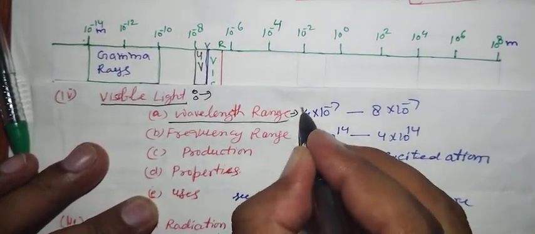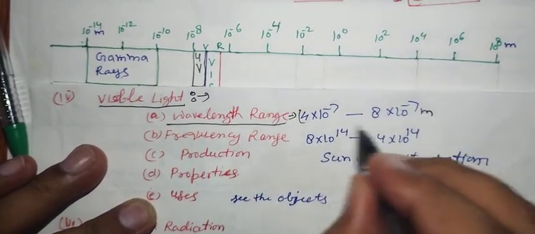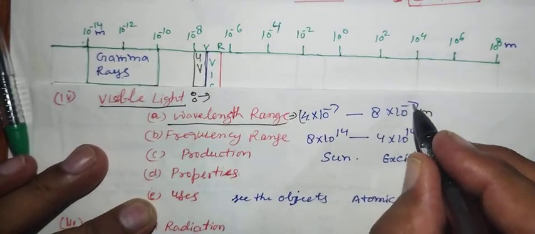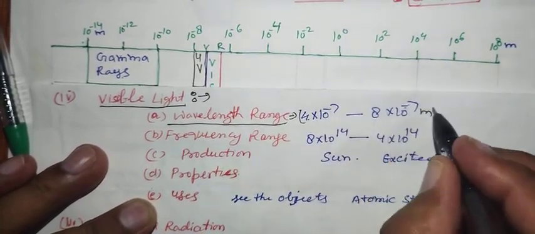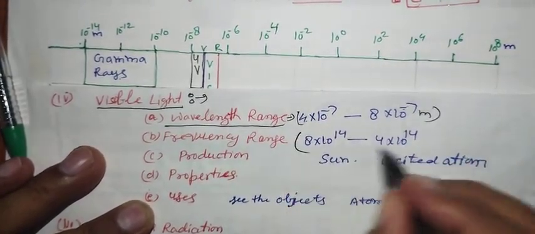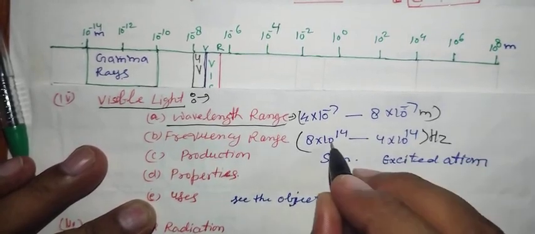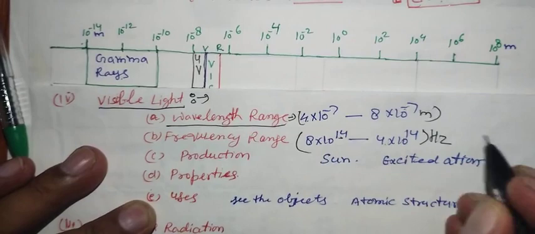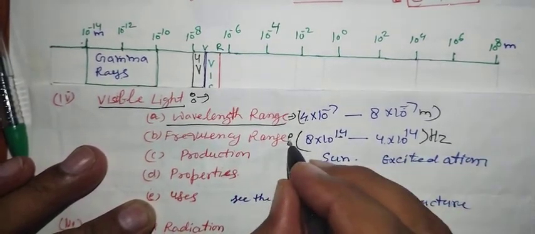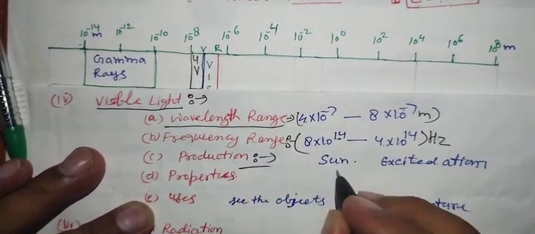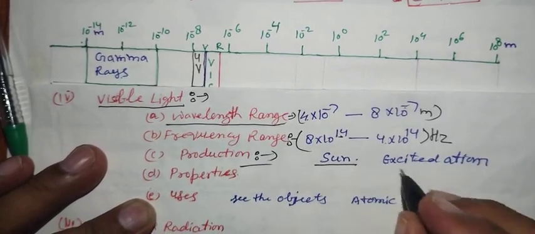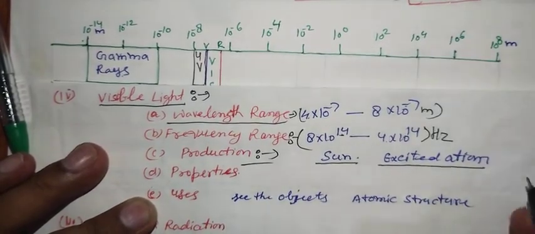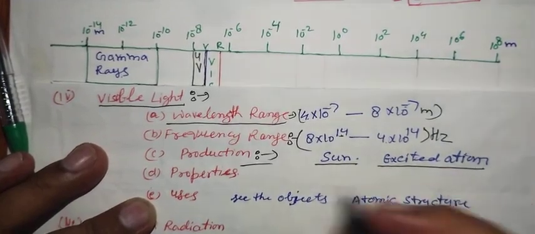Wavelength range is from 4 into 10 to the power minus 7 to 8 into 10 to the power minus 7 meter. The order is the same in frequency: 8 into 10 to the power 14 to 4 into 10 to the power 14 hertz. Production: natural source is the sun. When an atom is excited and then de-excited, it emits light.